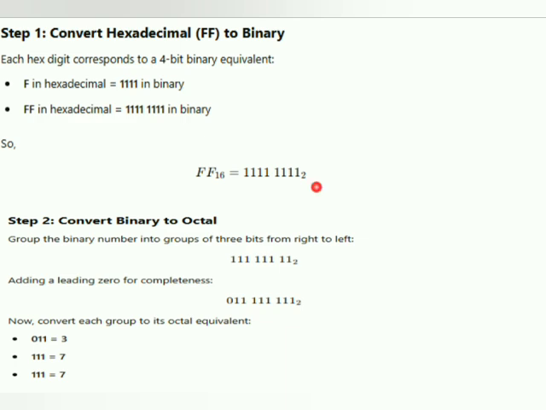If you consider the group of 3 bits from right to left, we get 111, and there are 2 ones remaining, so we add a 0 for completeness. So now 011 means 3, 111 means 7, 111 means 7. So 377 is the octal equivalent of the given hexadecimal number.